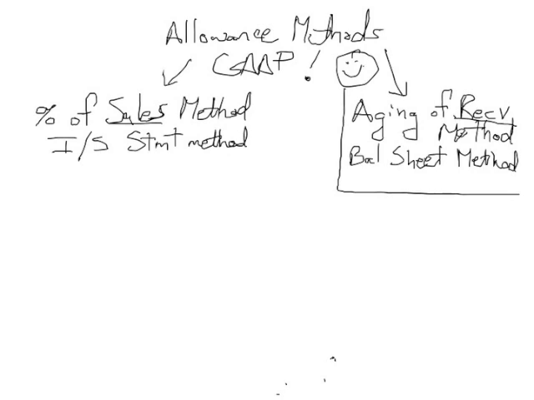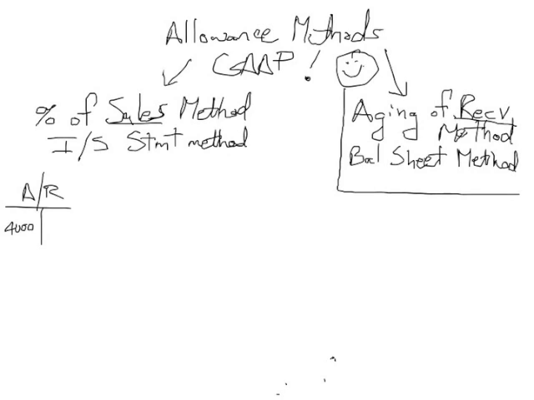But you do need to know how to do the percentage of sales method. Essentially, we do follow the matching principle here, which means when we book the revenue, we will book the expense at the same time based on an estimate. So here we have our accounts receivable, and once again we have $4,000 sitting in there.